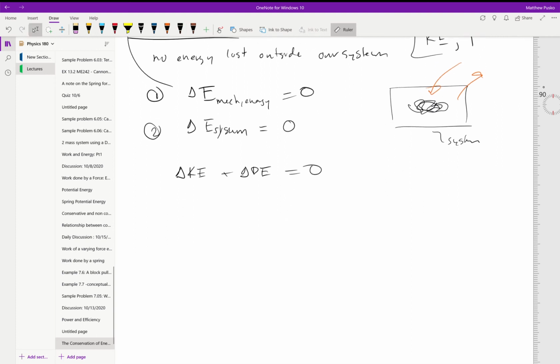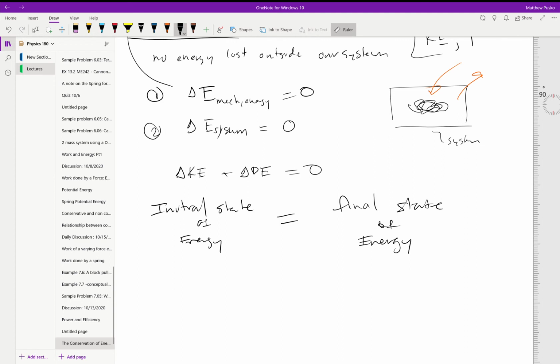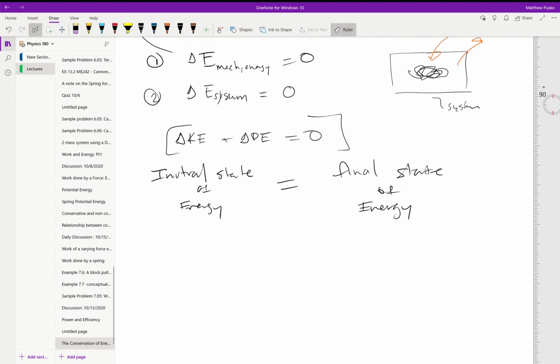And you'll see this written in many ways. I like to think of this as an initial state of energy is equal to some final state of energy. What do I mean by that? It means that you'll see this definition broken up a lot of different ways. I like to automatically use the conservation of energy if I can, which in most of these problems in this whole unit, you can just jump straight to, even if there's work done, and I'll show you how.